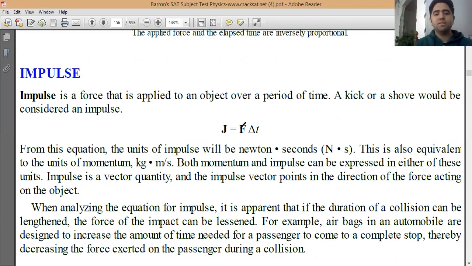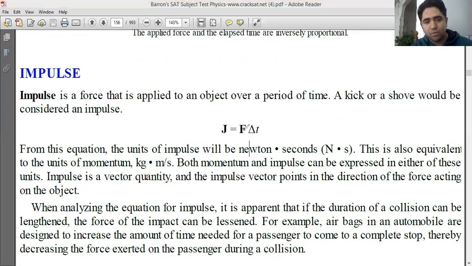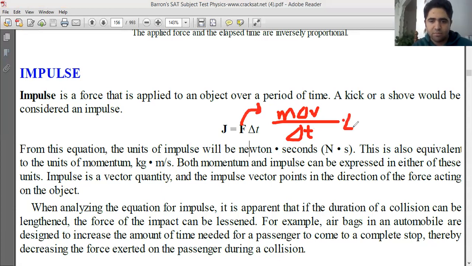Now, impulse here is force times time, right? So what is force? We said m delta v divided by delta t, times delta t. So force is this, delta t is that. Okay, now you notice something, delta t is up and delta t is down.